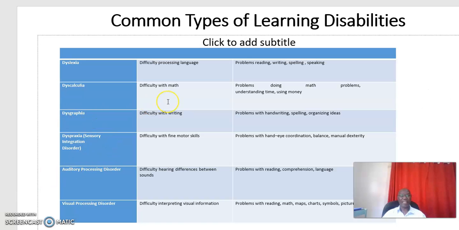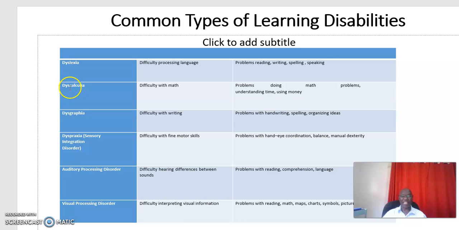And lastly, there is a table here that presents the common types of learning disabilities. From this table, it is listing the types of learning disabilities. We have dyslexia, and these are students with difficulty processing language. They have problems reading, writing, spelling, and speaking.